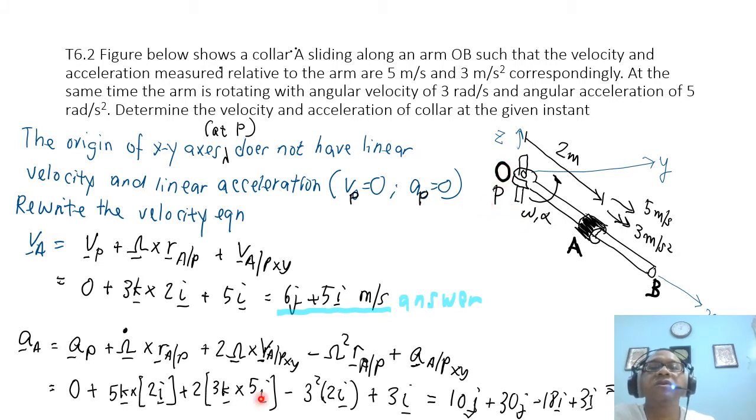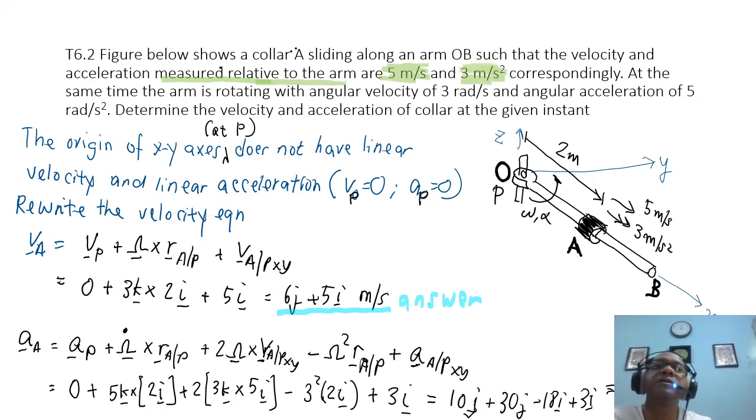Okay, so let's look at this statement and see whether we can read out some data. The velocity and acceleration measured relative to the arm are 5 meter per second and 3 meter per second squared.